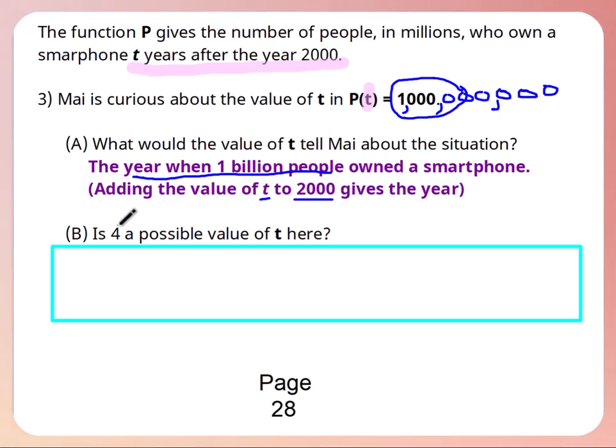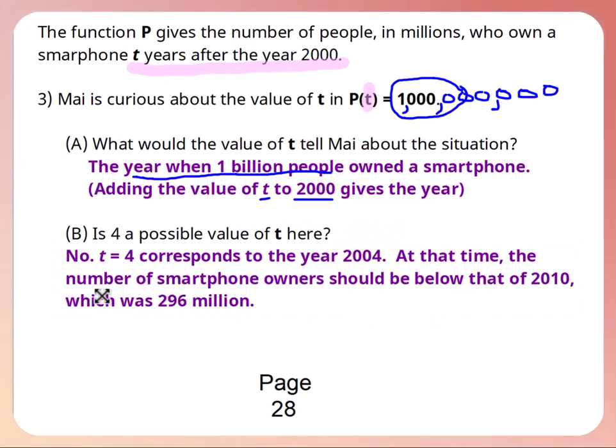Is 4 a possible value of T here? Think about that for a minute. No, because T equals 4 corresponds to the year 2004. At that time, the number of smartphone owners should be below the number in 2010, which was 296 million.